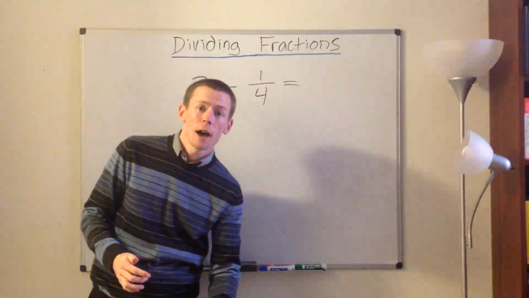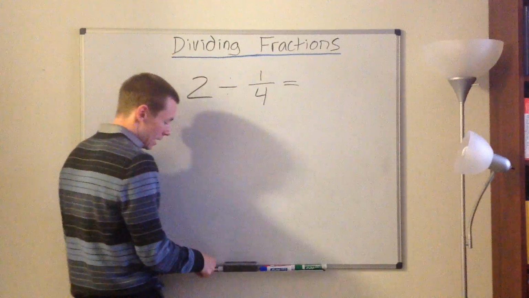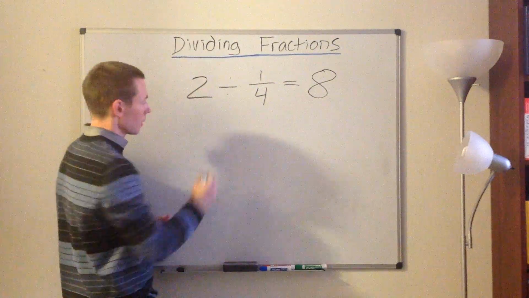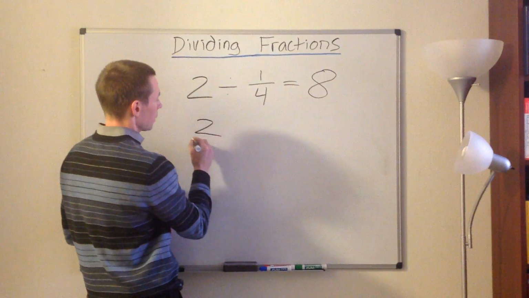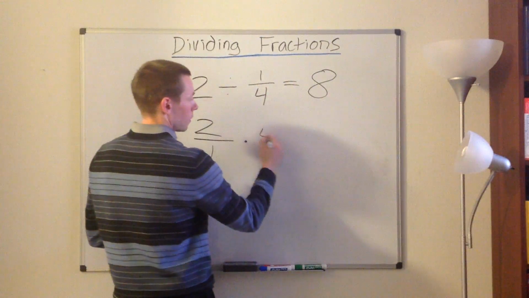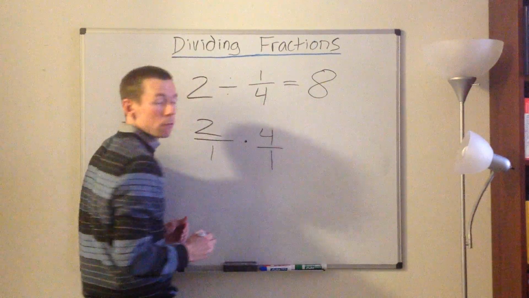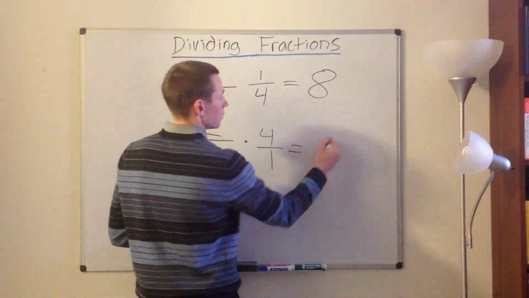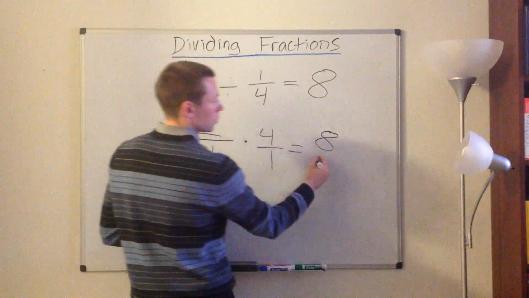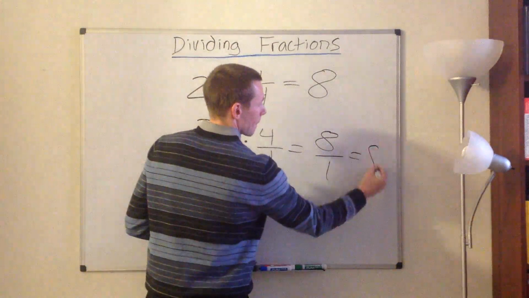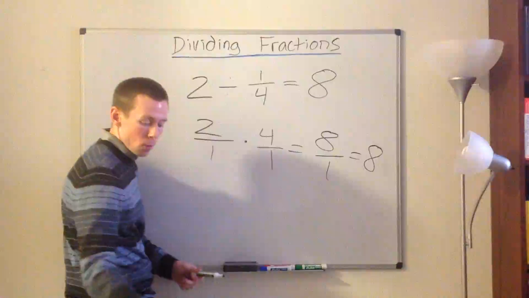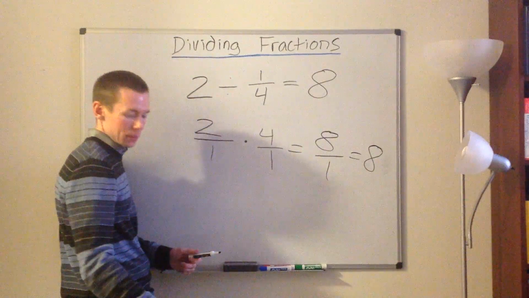So 2 divided by 1/4 is 8. In other words, what this becomes is 2 over 1 times the reciprocal, 4 over 1, which equals 2 times 4 is 8, 1 times 1 is 1, and 8 over 1 equals 8, which is what we saw when we did the scooping.